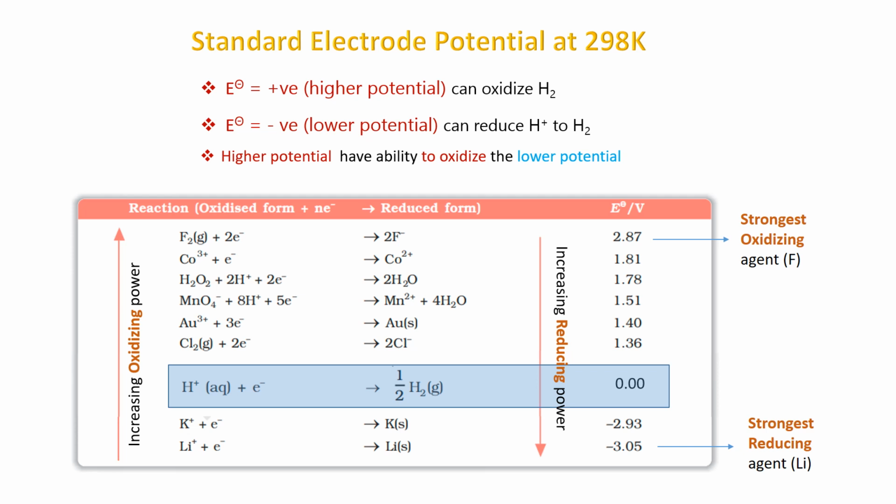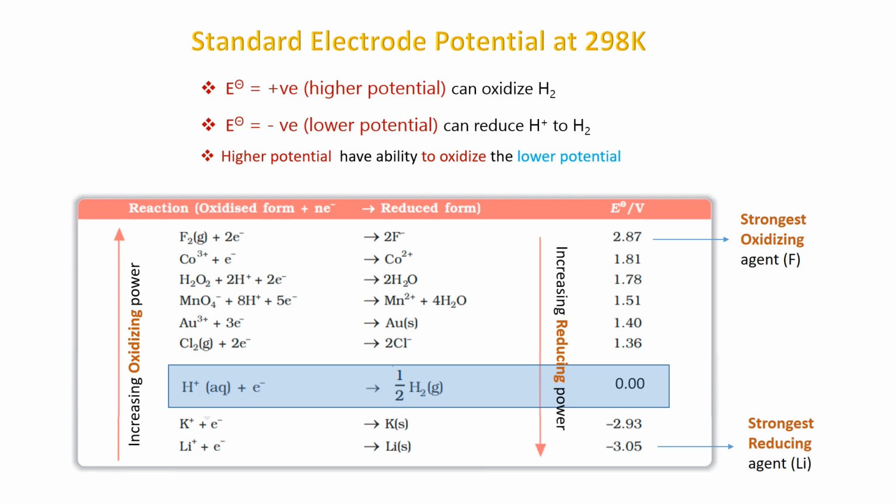In contrast, if the values are decreased, lithium shows the least value of minus 3.05 volts, that is, a negative voltage, so it is said to be the strongest reducing agent. What is a reducing agent? It reduces the other metal ion, and the lithium gets oxidized, right?